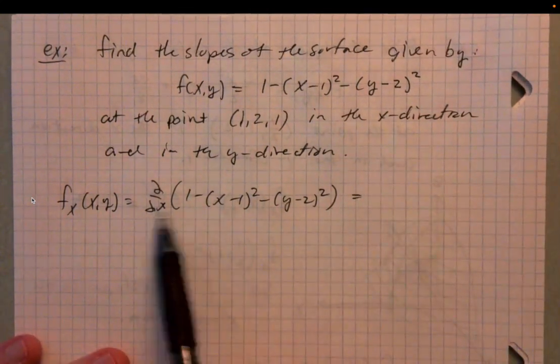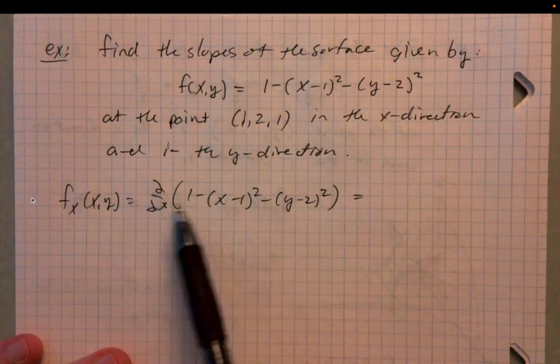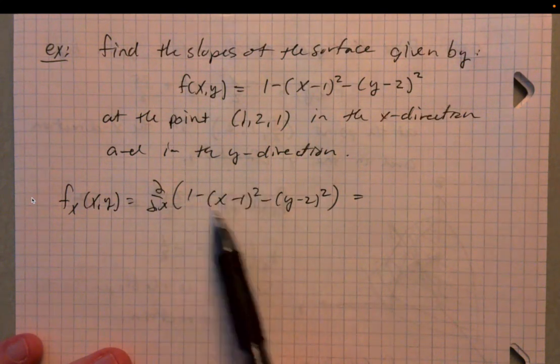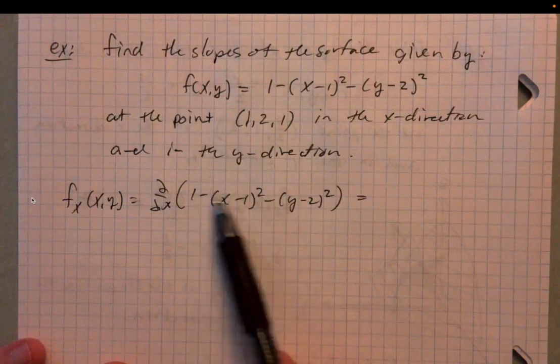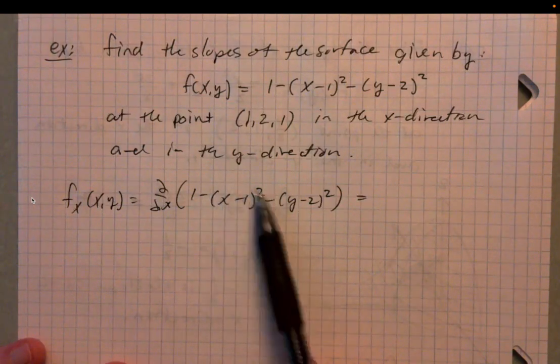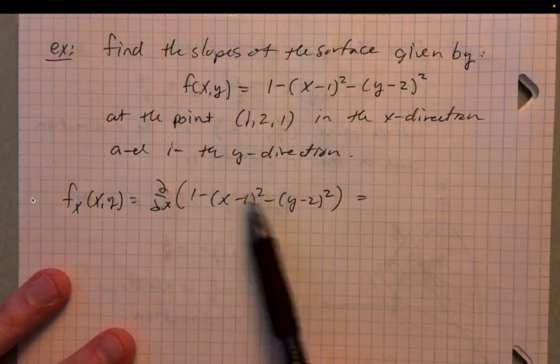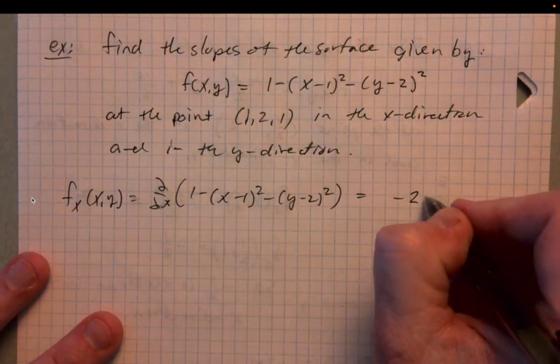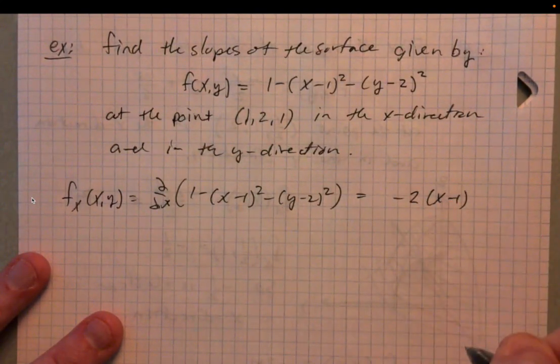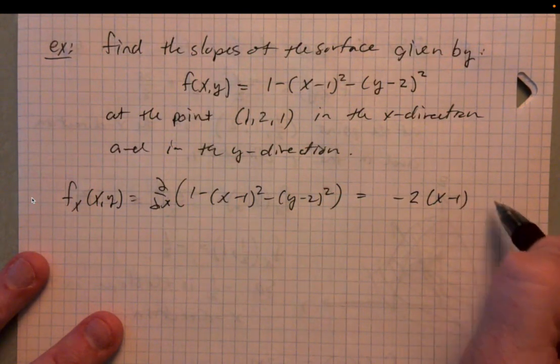Okay, and so in this case, this term out here is a constant, and so is the term up front. The only one that matters is this guy right in the middle. And so that's going to be a simple chain rule kind of thing, right? So this would be negative 2 times (x minus 1), right? And then the derivative of the inside is just 1, so I'll leave that off.